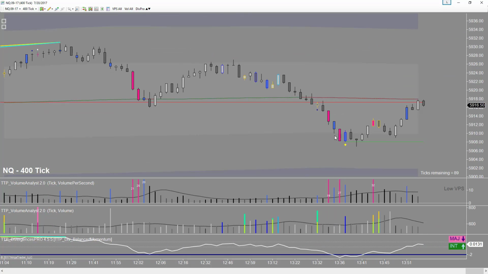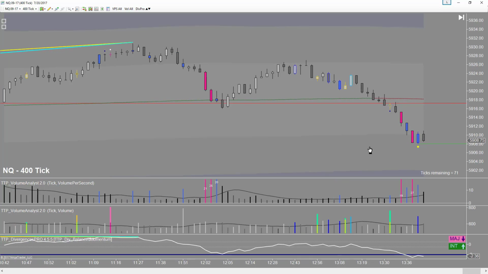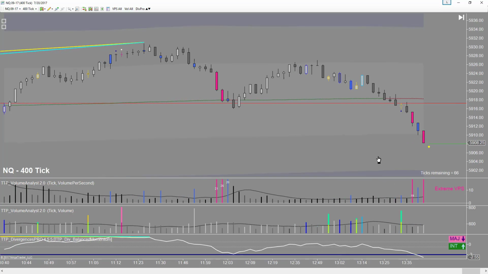But with the volume per second, we're more interested in identifying just these two signals, high volume per second, as we have here, or extremely high volume per second. And typically when you see this extreme volume per second, you've either just broken out of a previous swing high or low, you're right in the middle of a really strong move, or you're right at the end of a move and about to be reversing back in the opposite direction.